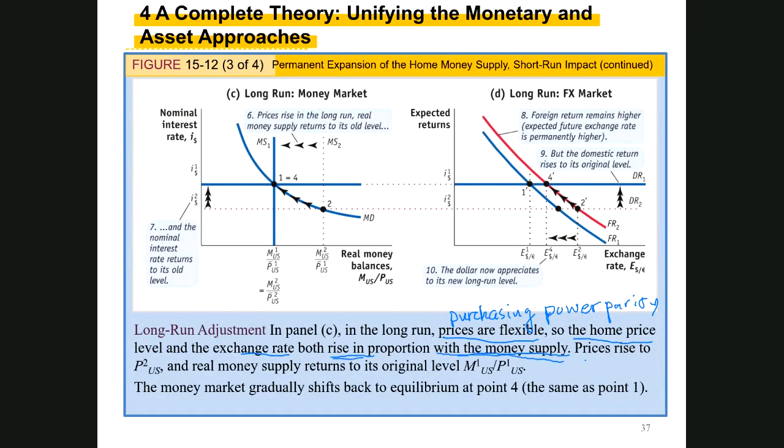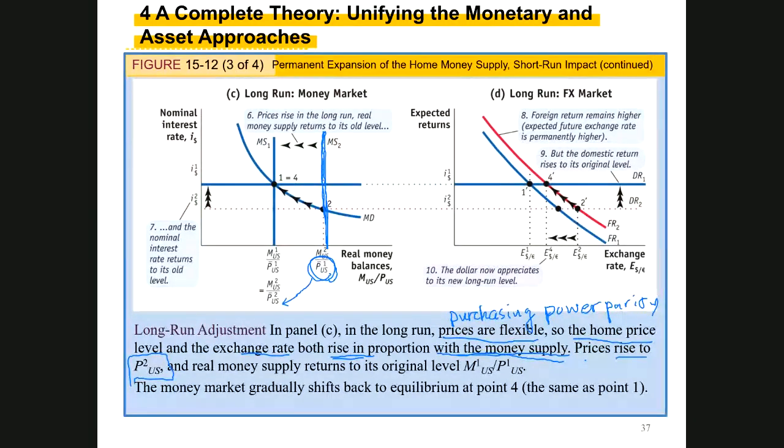Remember in the previous chapter, this is the theoretical prediction that we have. So the price rises to P2 in the US. So this is my policy shock in the short run, right? But now in the long run, my price will adjust.